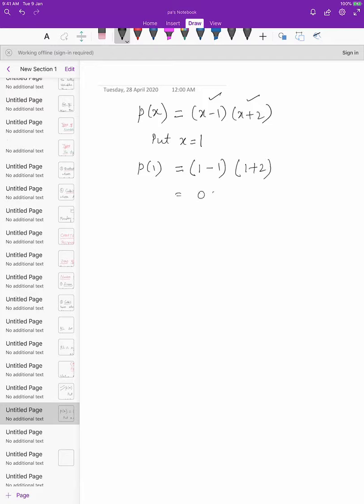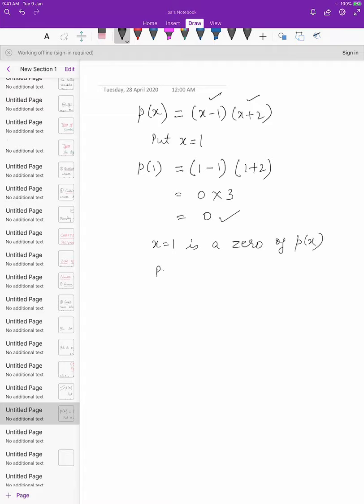That gives me 0 into 3, which is equal to 0. It means if I put x as equal to 1 in the given polynomial, the polynomial is reducing to 0. That means x is equal to 1 is a zero of the given polynomial, that is p(x).